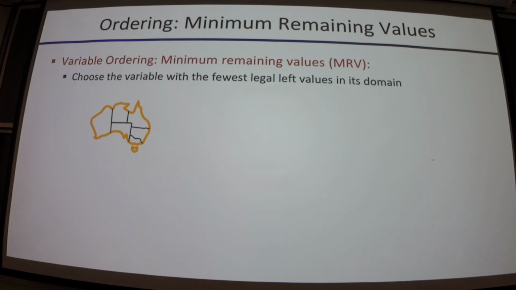Who has another idea? I think I saw your hand first. So with this, you would fail really early by assigning these values as soon as possible. Exactly. So the intuition here is that we have to assign a value to every variable eventually, right? And if our current partial assignment is bad for reasons that we can't see yet, we want to learn that earlier rather than later, right?